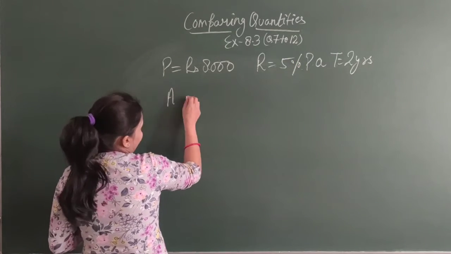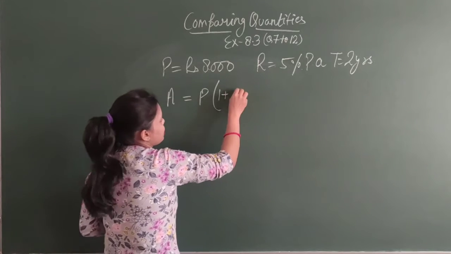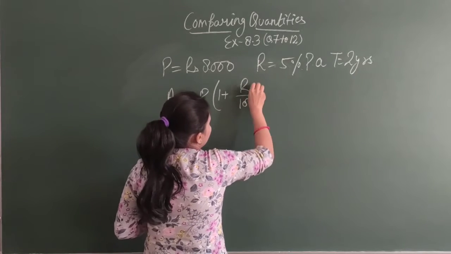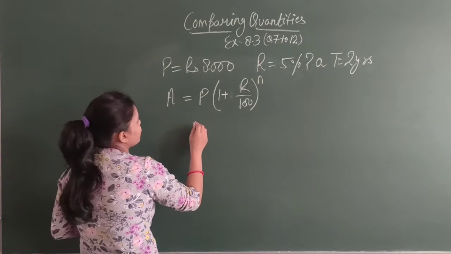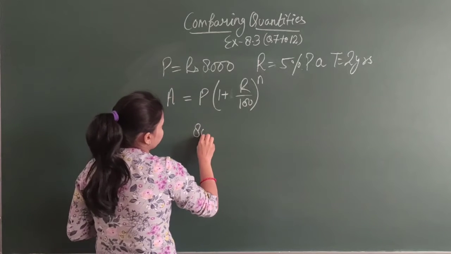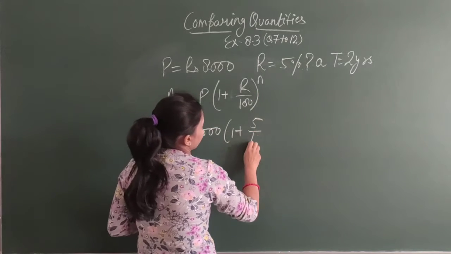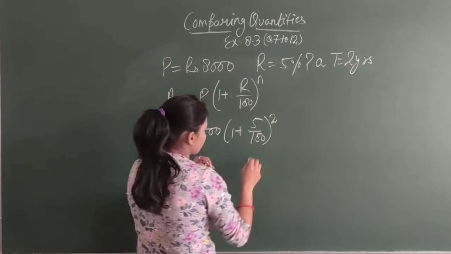Formula is amount is equal to principal, 1 plus r upon 100, to the power n, which is time. On putting the values in the formula, 8,000, 1 plus r is 5 upon 100, to the power 2.